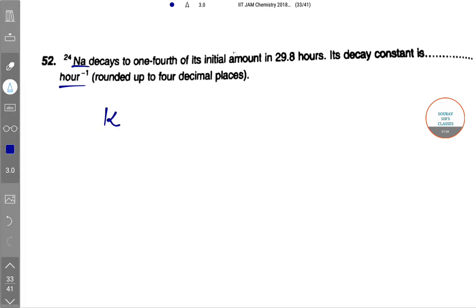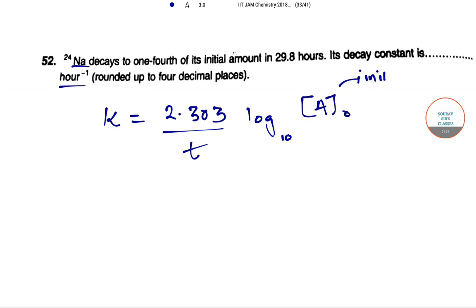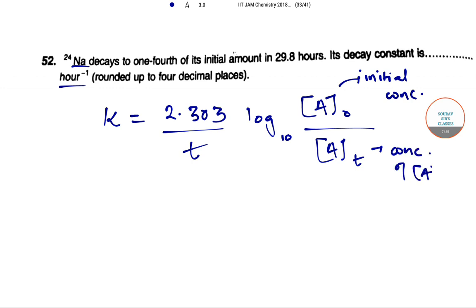So the rate constant or the decay constant will be equal to 2.303, because we will be taking log in base 10, by t, and here the initial concentration divided by the final concentration, that is the concentration of A left at time equals to t.